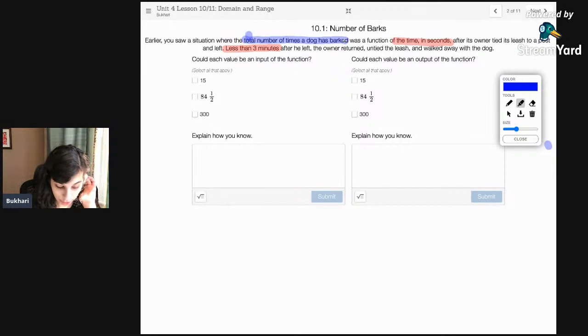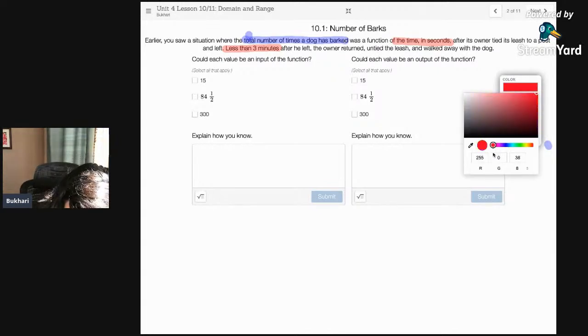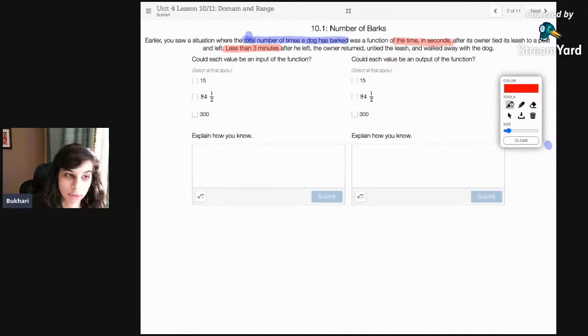And so the question is, what are reasonable values for my inputs and outputs? This entire situation is the start of what is my domain and my range. What values can be inputs of my function? Remember, my input is my time in seconds.